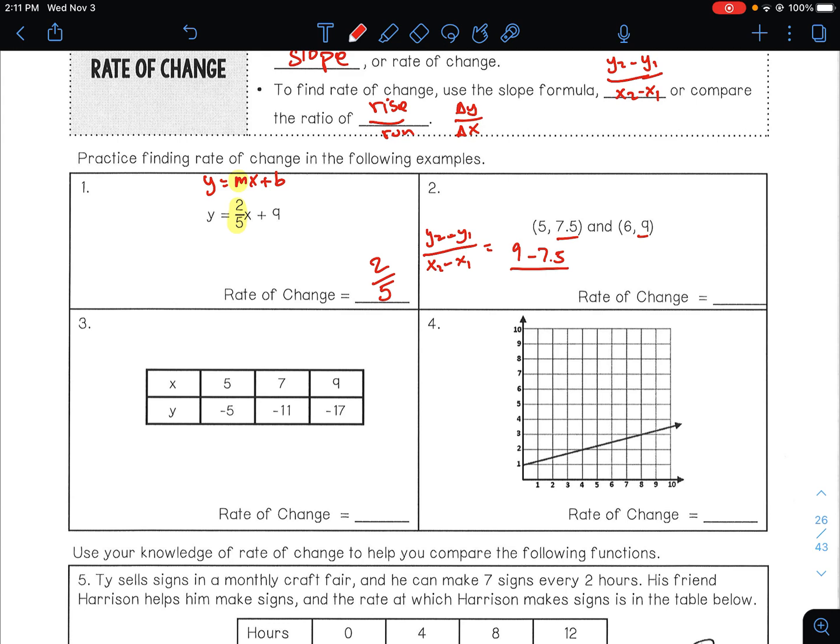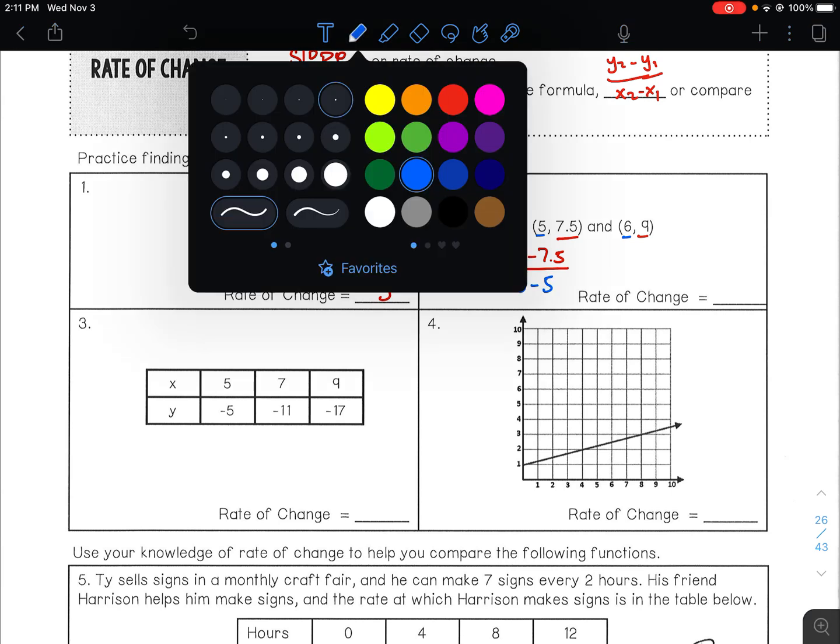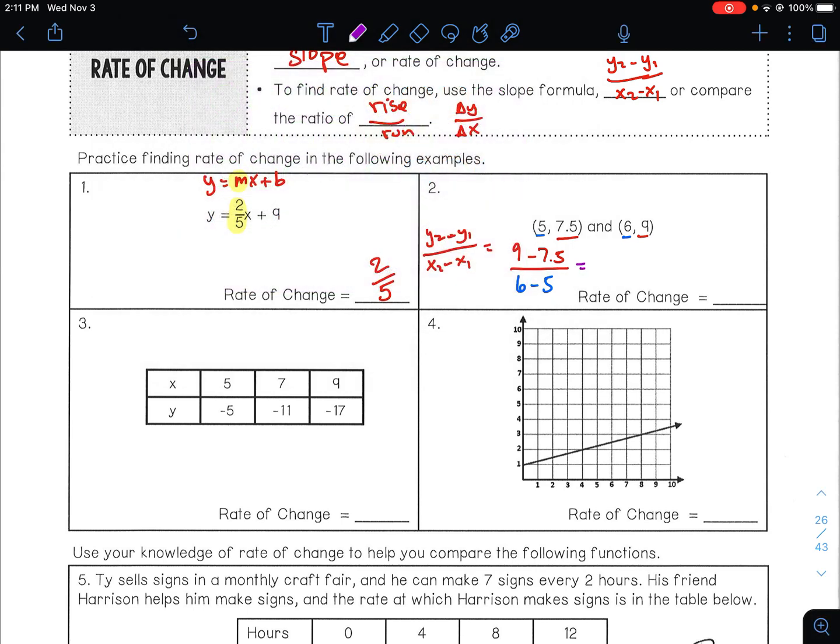And this is x2, and this is x1, over 6 minus 5. 9 minus 7.5 is 1.5. And 6 minus 5 is 1. So my rate of change is 1.5 over 1, or just 1.5. That's it.